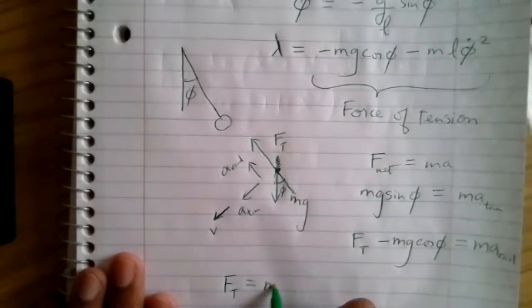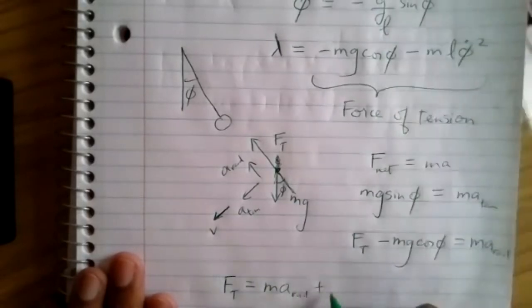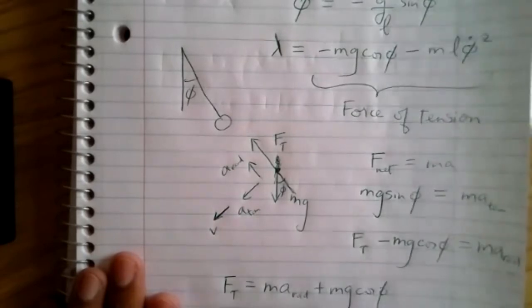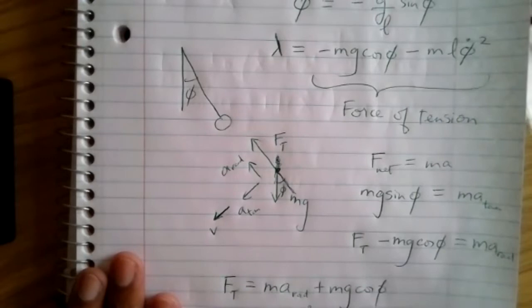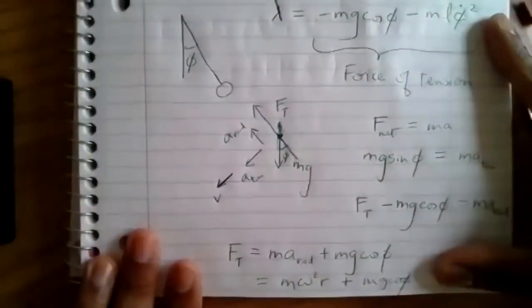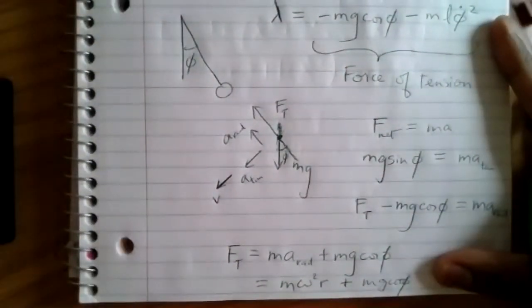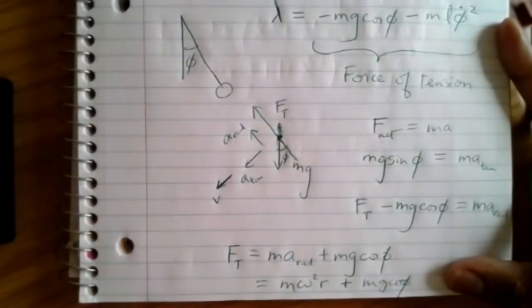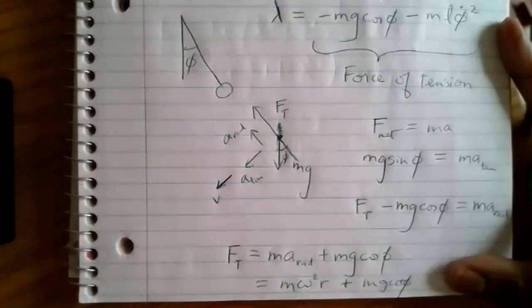So I get ma radial plus mg cosine phi, but I can rewrite a radial as either v squared over r, or omega squared times r. There's an overall minus sign difference, but this is basically the same thing. Does that help?